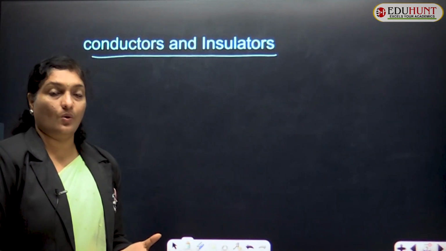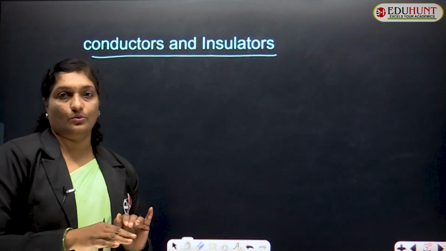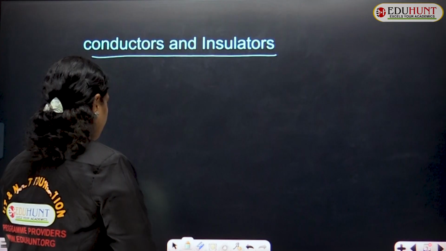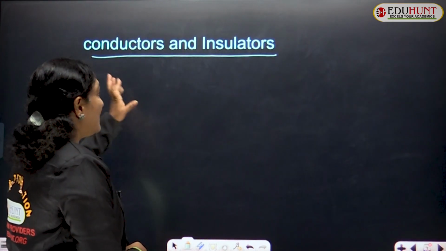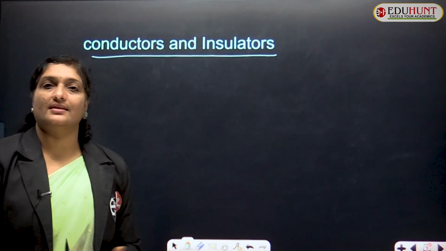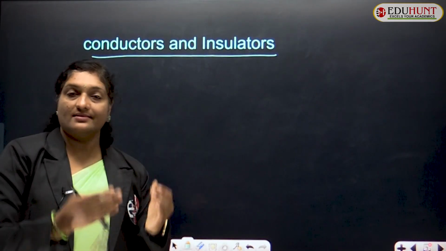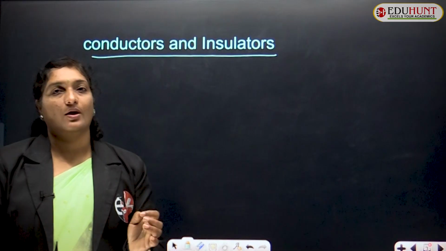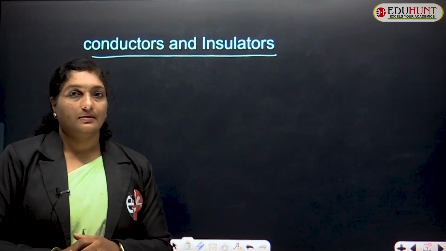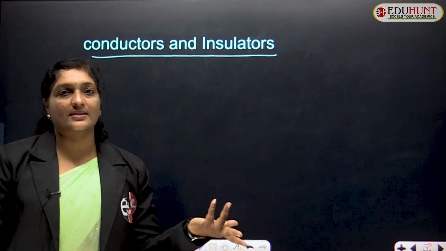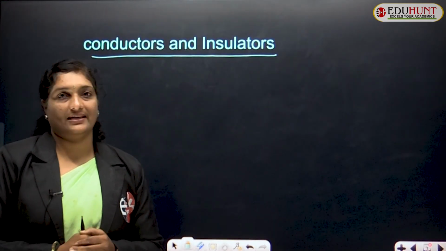Materials that allow electric current to flow through them are called conductors. Simply, the materials that conduct electricity are called conductors. And the materials which do not allow electric current to pass through them are called insulators.